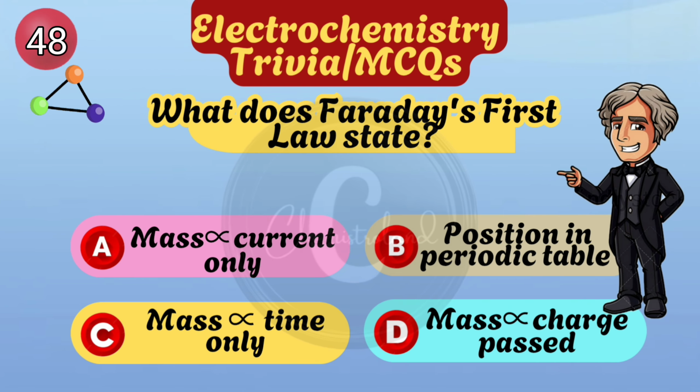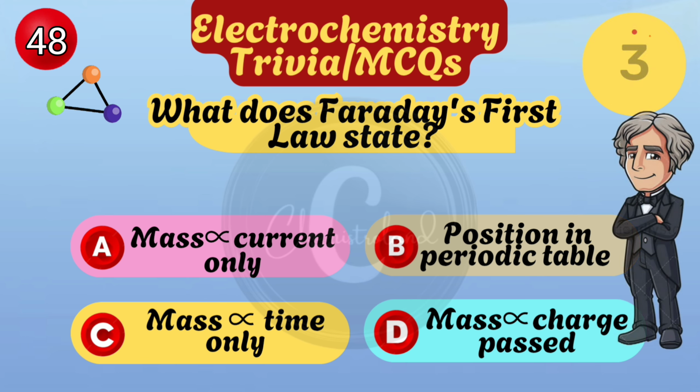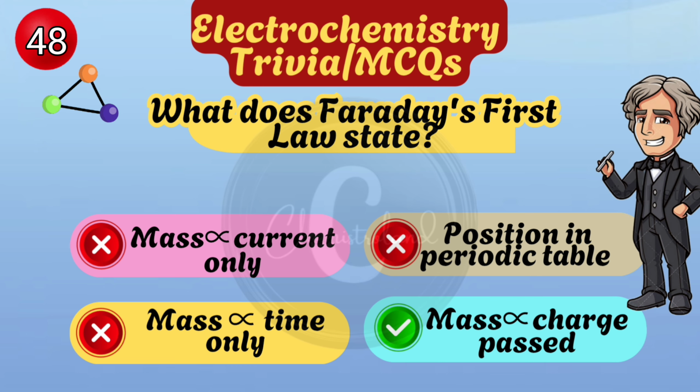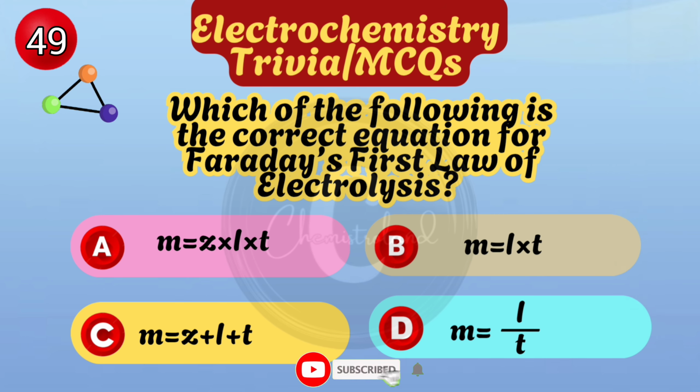What does Faraday's first law of electrolysis state? Mass is directly proportional to the charge passed. Which of the following is the correct equation for Faraday's first law of electrolysis?